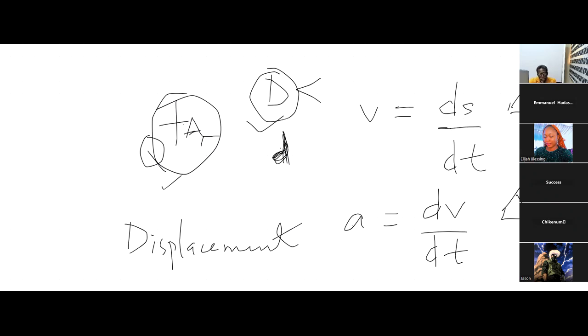Displacement has a direction. But now that you want the velocity, you take change in distance all over change in time. That is ds over dt. Acceleration is dv, that v is velocity, over dt, that is change in time.